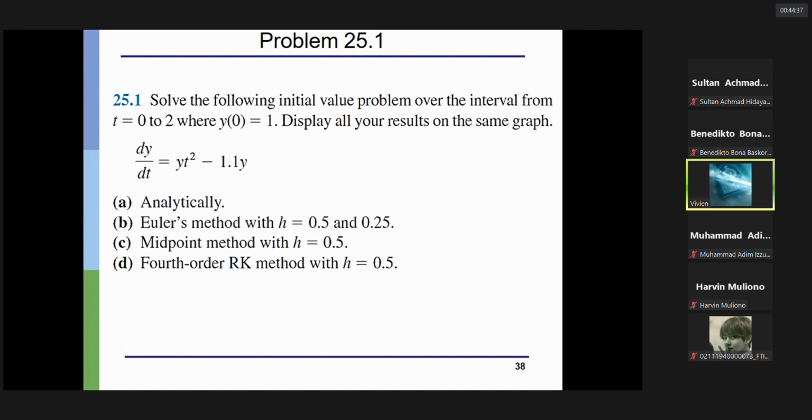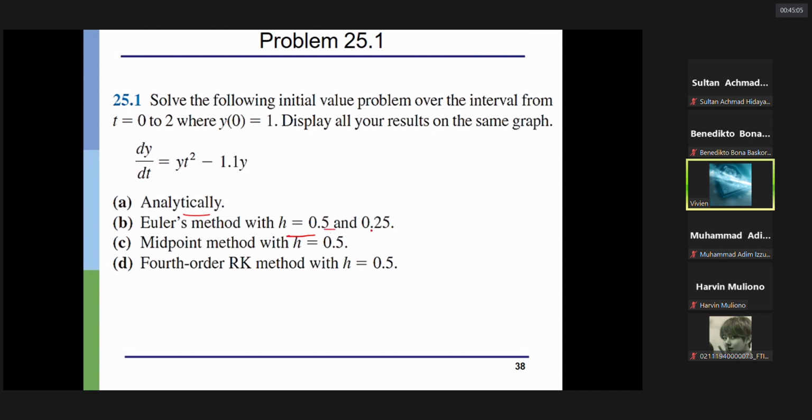We will see that we can solve, for example, problem 25.1, in which we have this ODE, and we can solve it analytically. This is quite easy to solve analytically; it means that we have to put together the variables. Or we can use Euler's method, with h known.